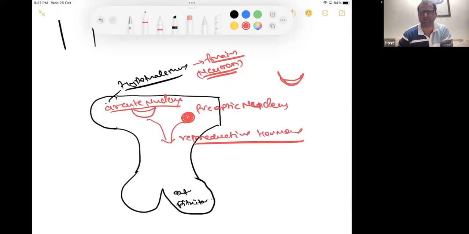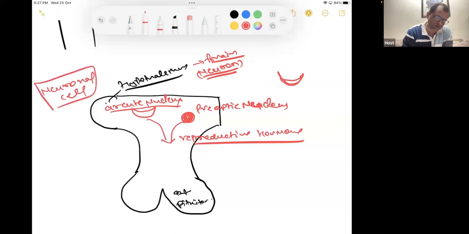You might forget, you remember, that's your best, but I want to tell you, these both are made by the nerve origin. दोनों ही एक nerve like origin से बनते, neuronal cell से बनते, neural cell. So now you have two options.